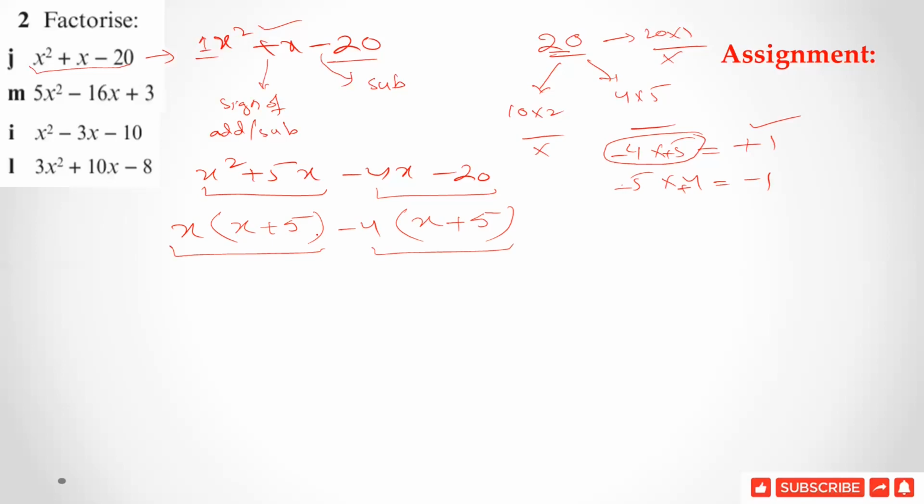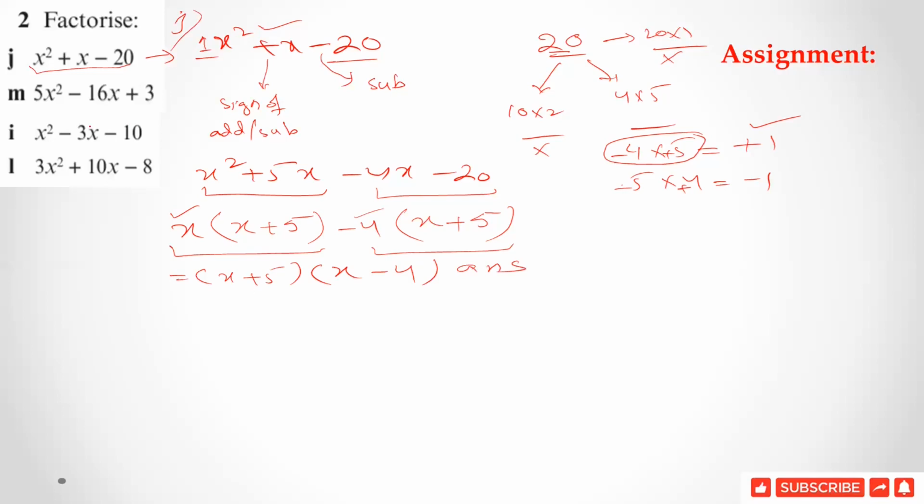You can see this bracket is common and inside the bracket is also the same in both of the terms. So we take the x plus 5 bracket as common and we are left with x and minus 4. So this is our answer for question number J part. Okay.